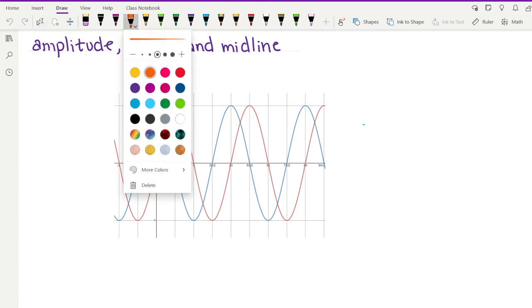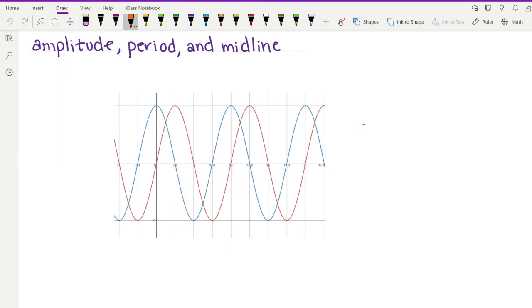So the first word I want to introduce is the midline. I'm not going to write down a definition because I think it's easier to see it in the picture. The midline of the sine and cosine graphs is basically just what it sounds like, right? It's the halfway point vertically.